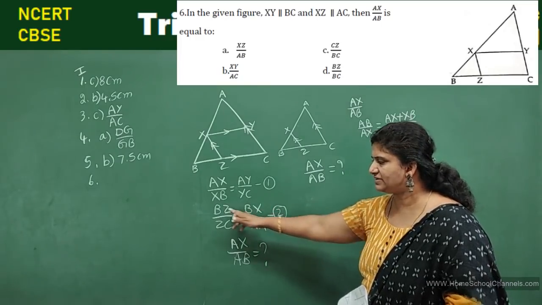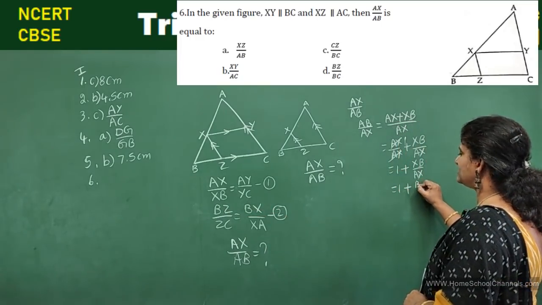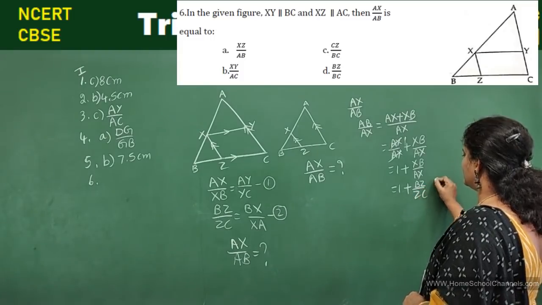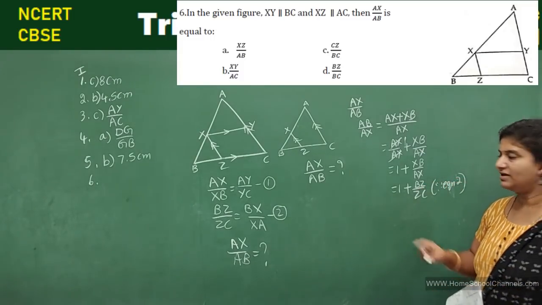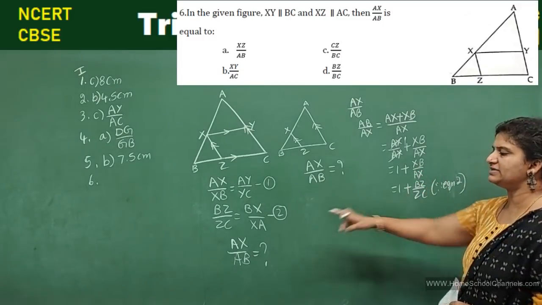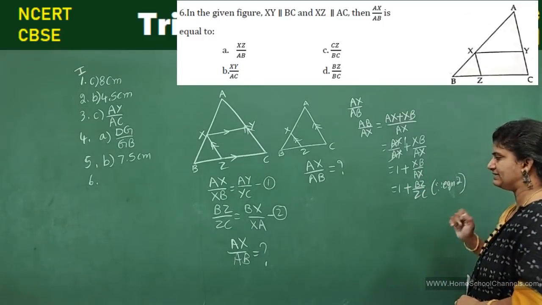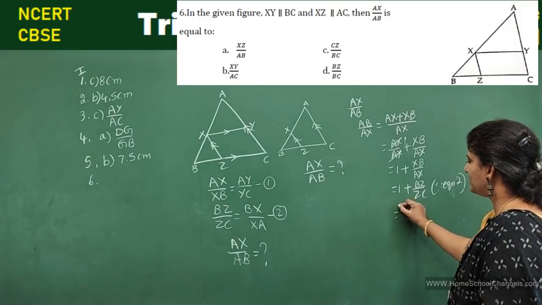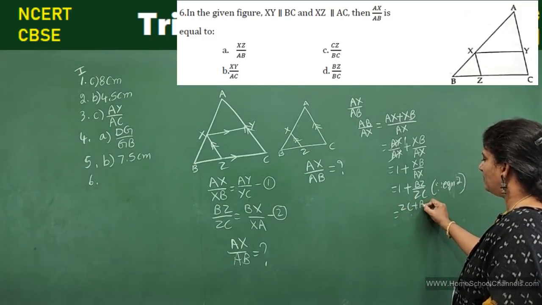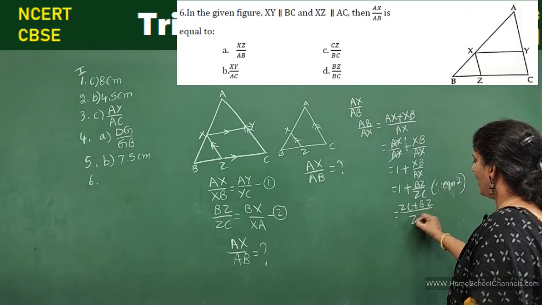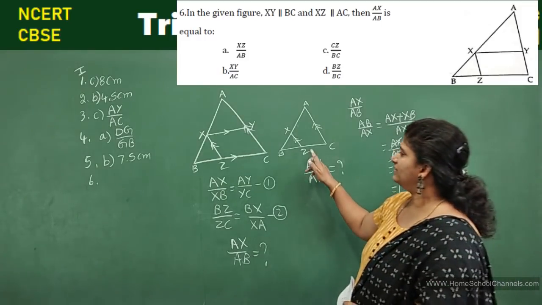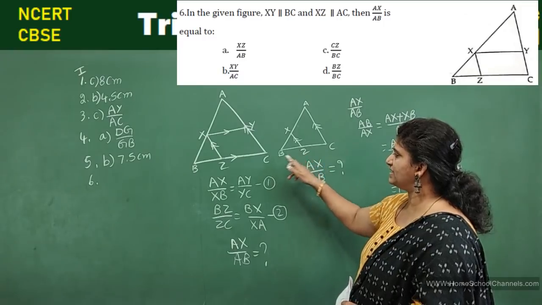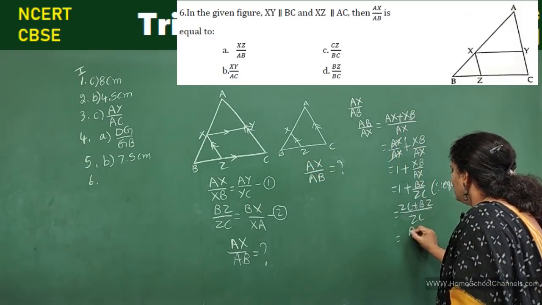XB by AX is nothing but BZ by ZC, since by equation 2 I have written this. Instead of BX by AX, I have written BZ by ZC. Now do the LCM again: ZC plus BZ by ZC. What is ZC plus BZ? ZC plus BZ is nothing but BC.